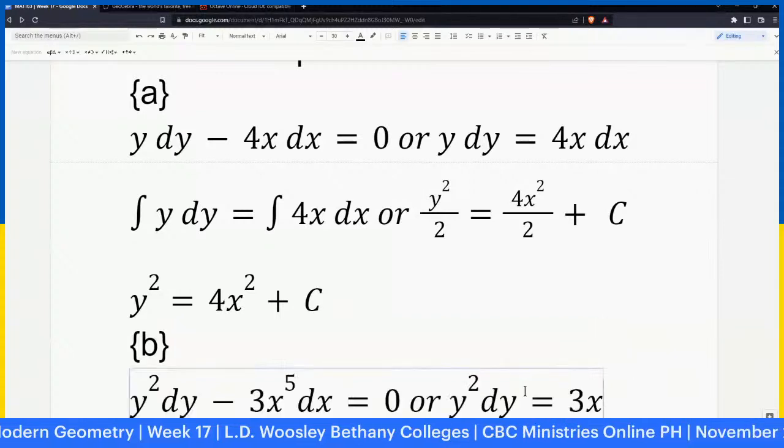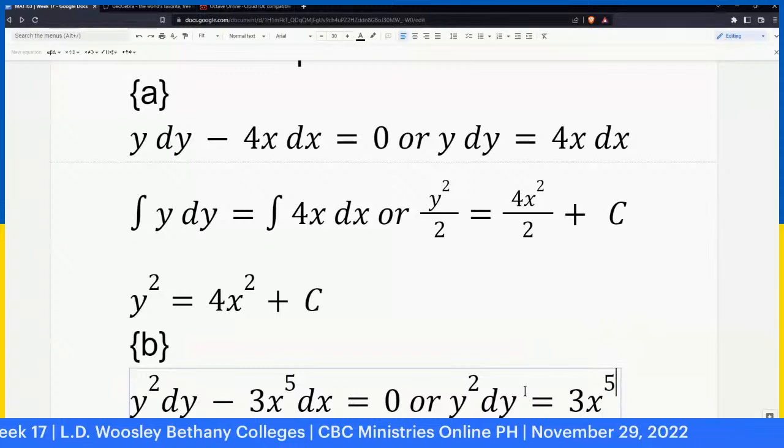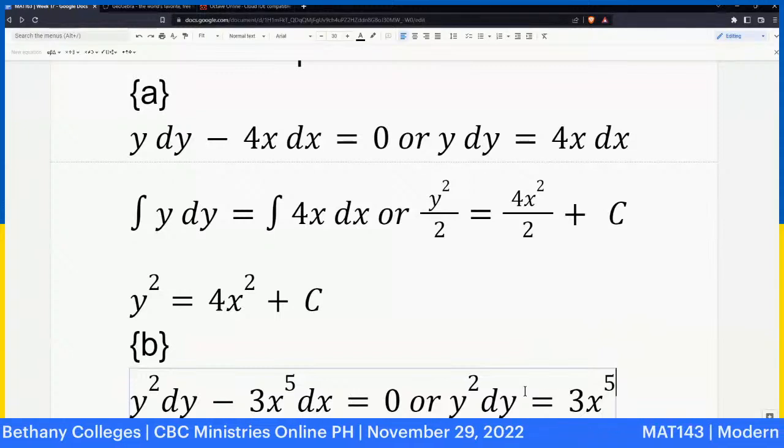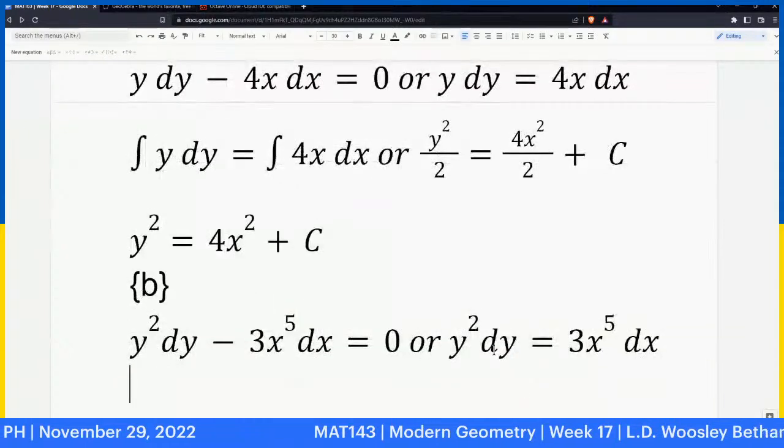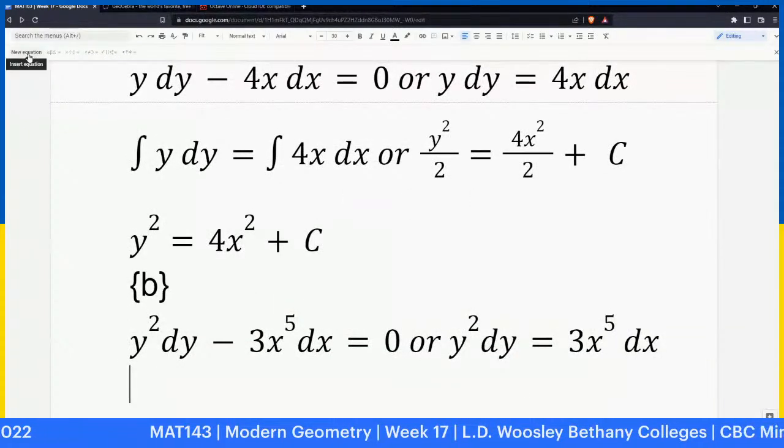Okay, sige. Okay, perform the integration, both sides.